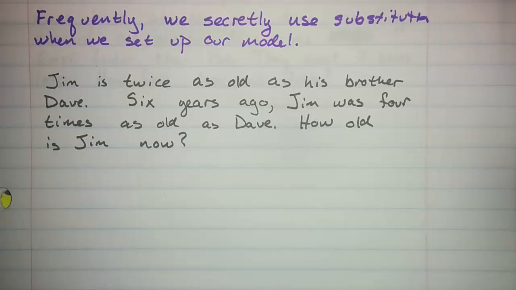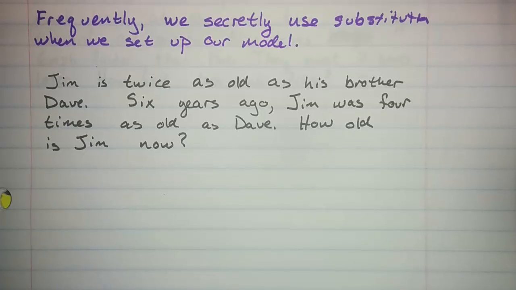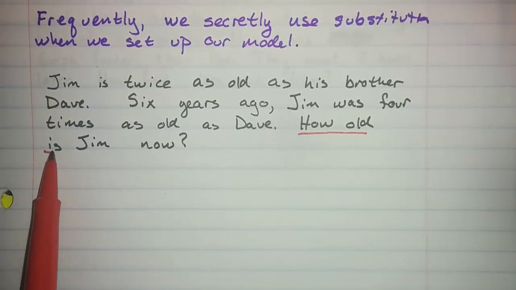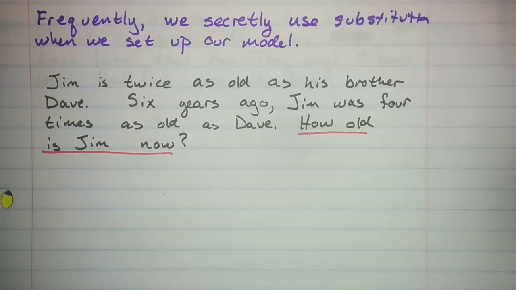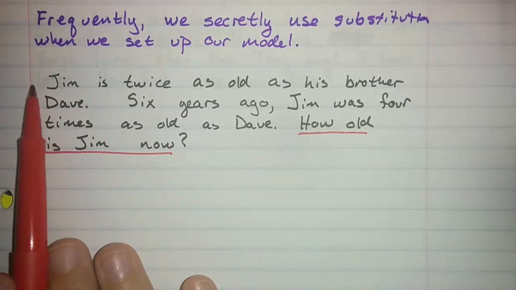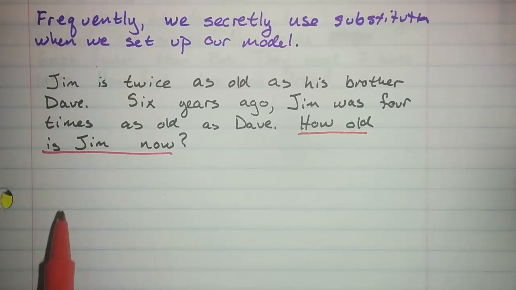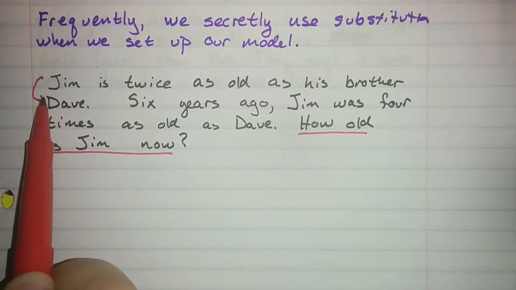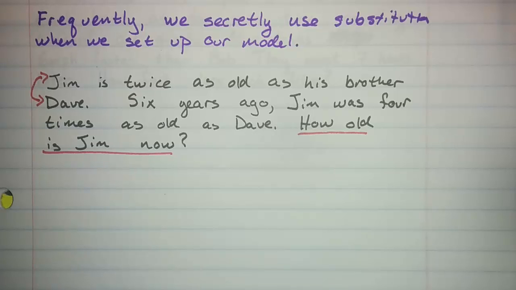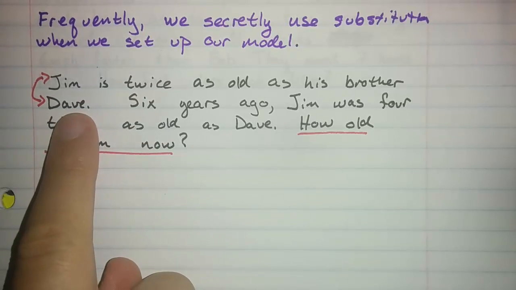What makes me think that this calls for a system of equations? After all, we're only being asked for one piece of information. How old is Jim? But all of the information we have about Jim's age relates it to this other piece of information, Dave's age, which we also don't know.